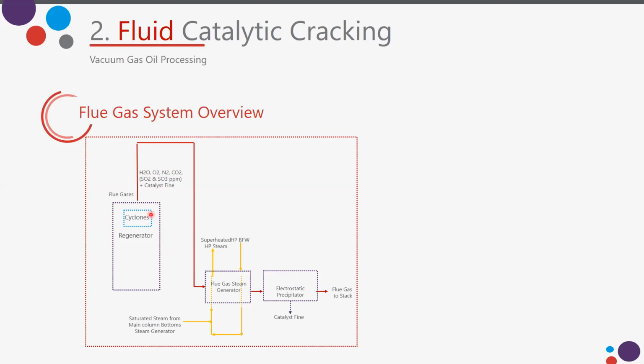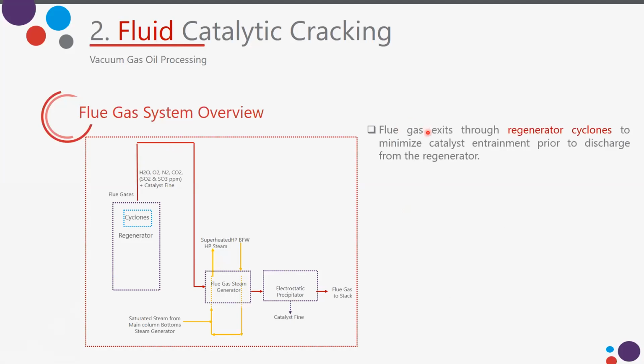So in this regenerator, remember that we have the cyclones to remove as much as possible the catalyst, but we will still have some catalyst fines in the flue gases. These flue gases will have a very high temperature, and we can take advantage of this heat to produce steam.